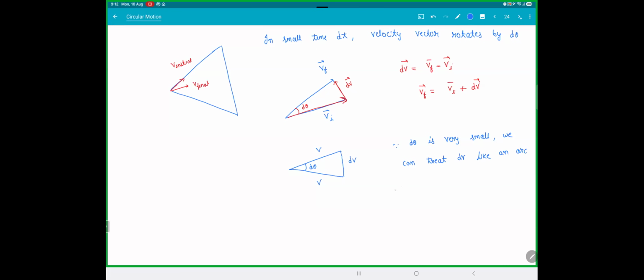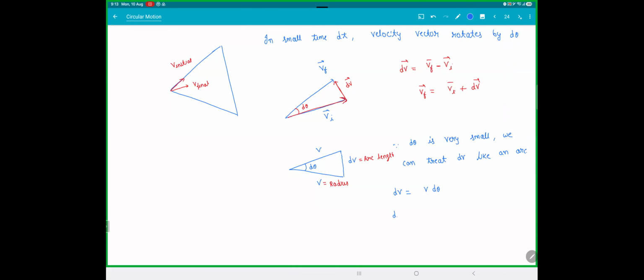Then by the arc length formula, dv is equal to radius times angle, which is v into d theta. The velocity becomes the radius.